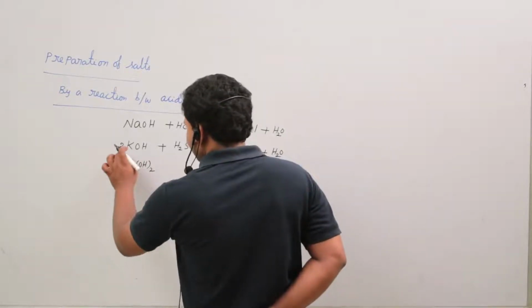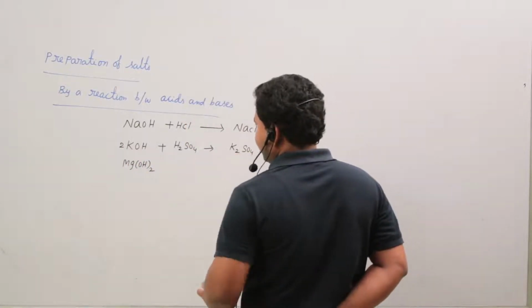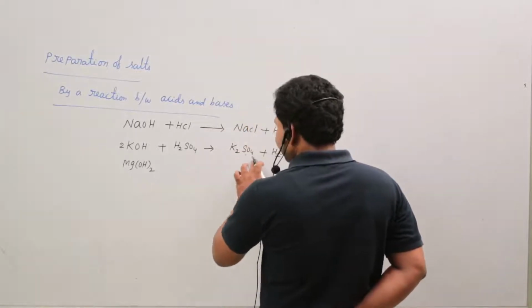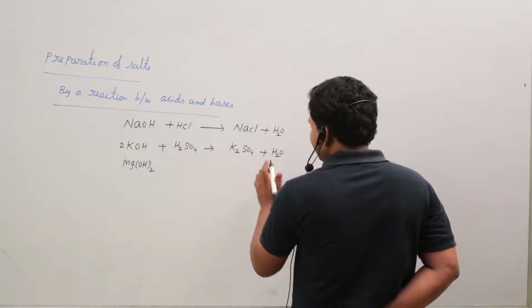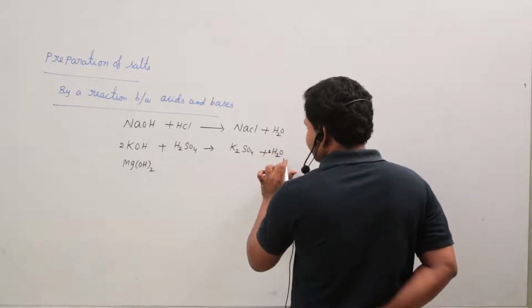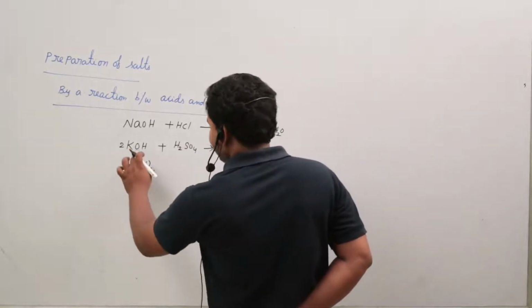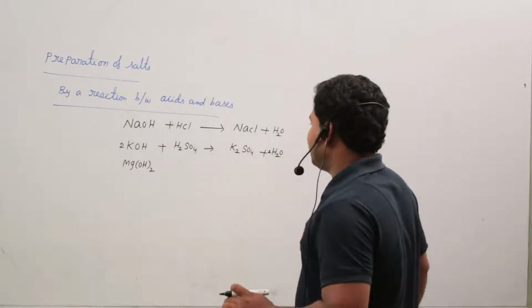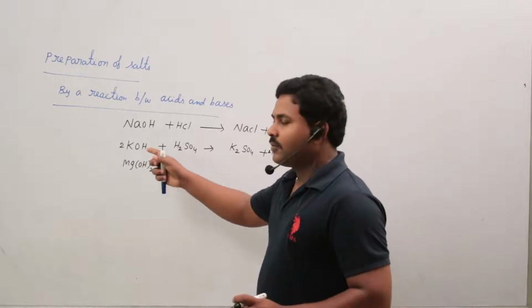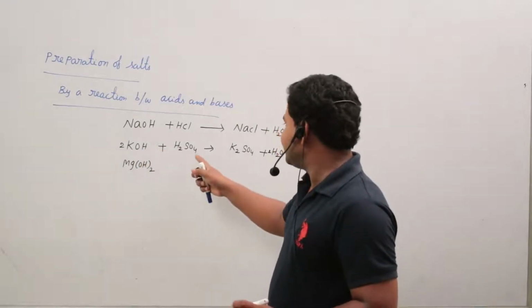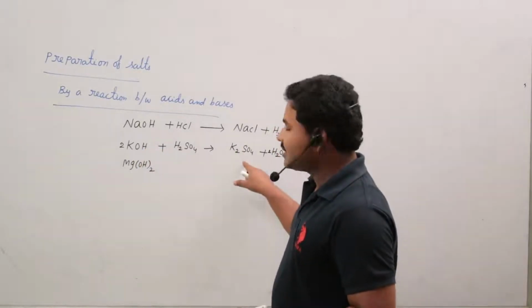Two potassiums are balanced, one sulfate is balanced, two hydrogens, four hydrogens, water molecule in front of 2, twos are four, hydrogens are balanced, two oxygens are balanced. Now the total equation is balanced. 2 moles of potassium hydroxide is reacted with sulfuric acid to the formation of potassium sulfate salt and water are produced.